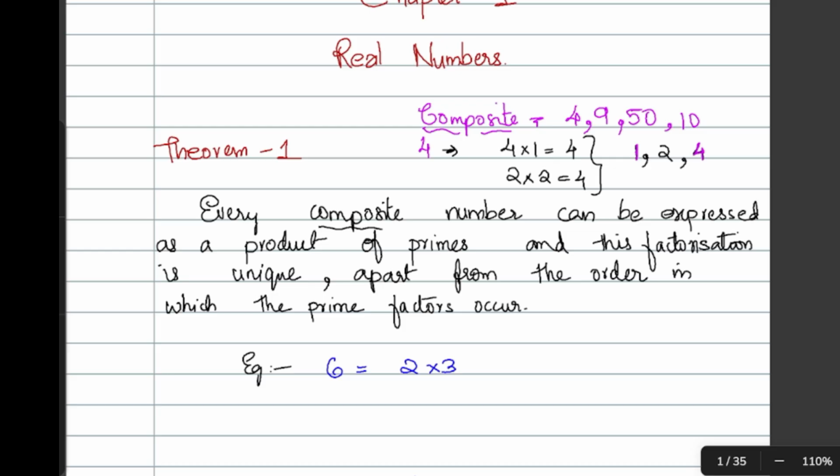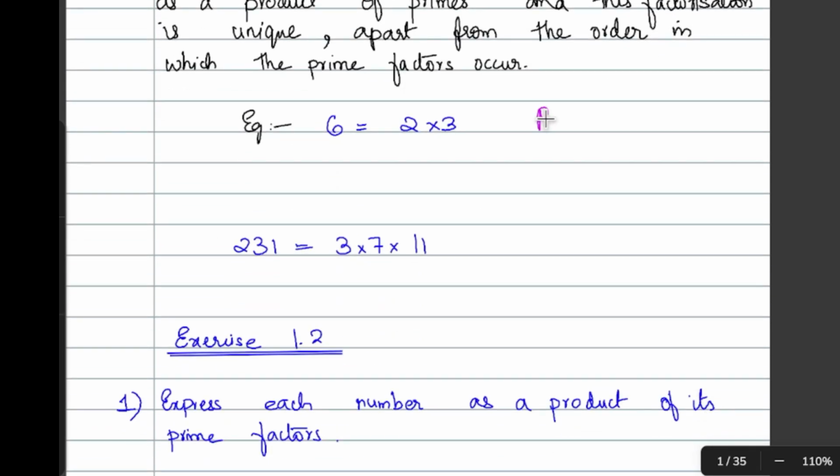Prime numbers are numbers like, for example, 2, 7, 13, 19. What are the factors of 2? The factors of 2 are 1 and 2. If I write the factors of 7, how many factors does it have?